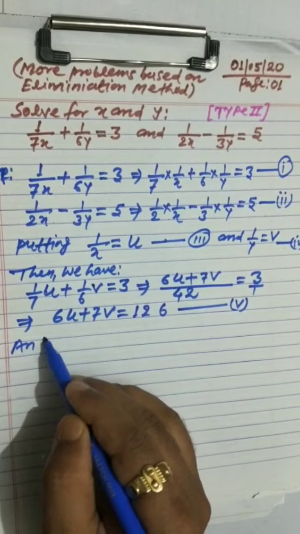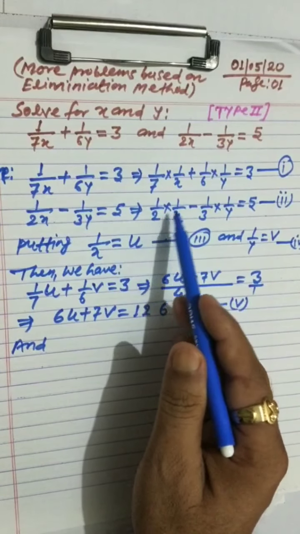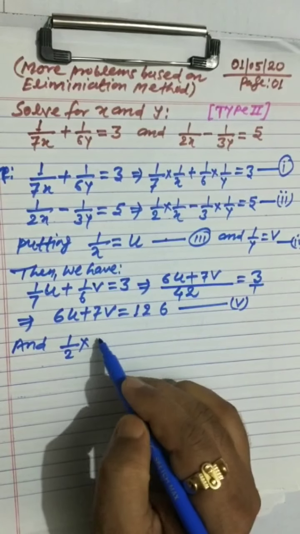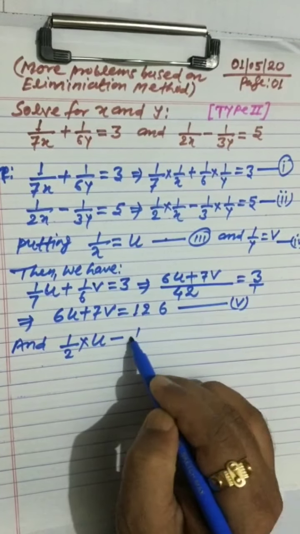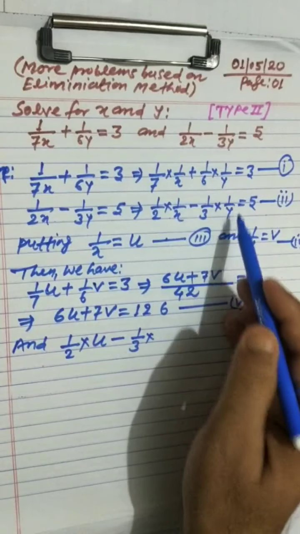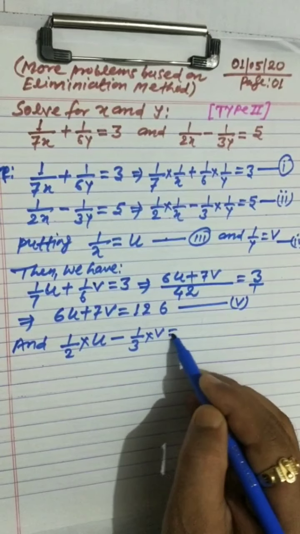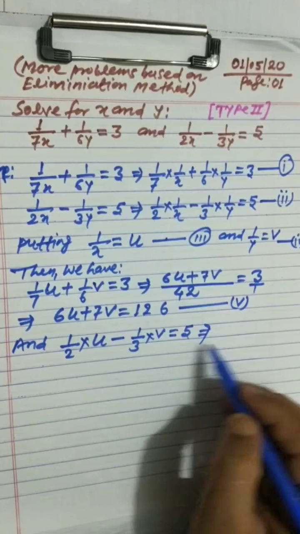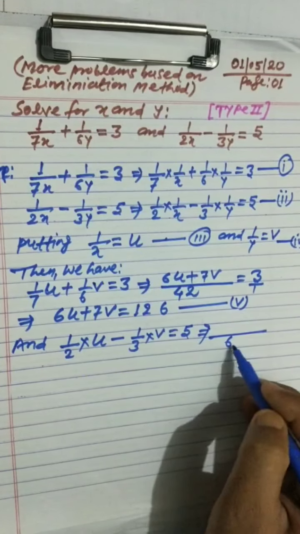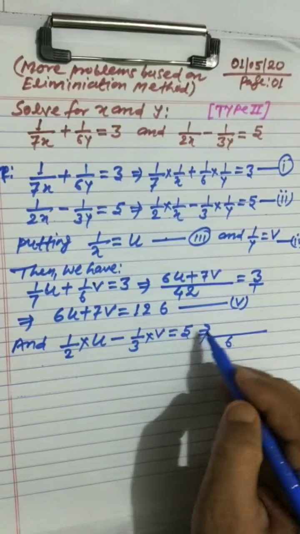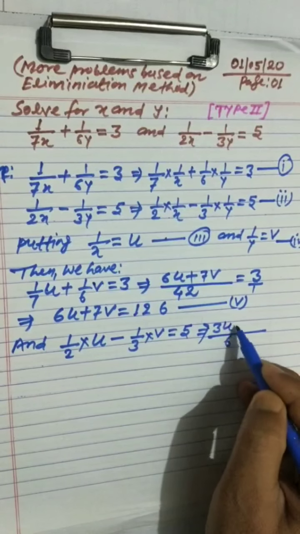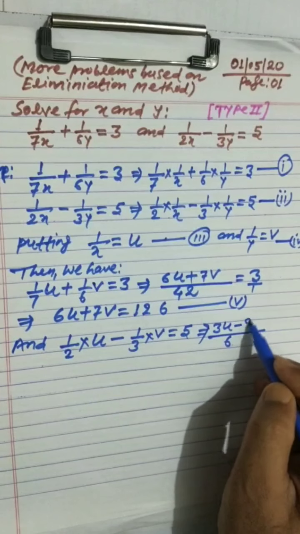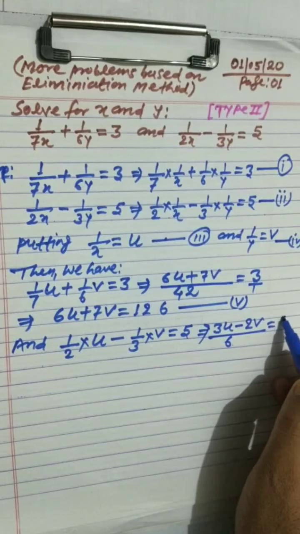And the second equation will be 1 by 2 and 1 by x. So 1 by 2, at the place of 1 by x you have to put u, and 1 by 3, at the place of 1 by y you have to put v, is equal to 5. Now take the LCM of 2 and 3, which will be 6, and 6 divided by 2 will be 3. 3 multiplied by u will be 3u, minus 6 divided by 3 will be 2. 2 multiplied by v will be 2v is equal to 5.